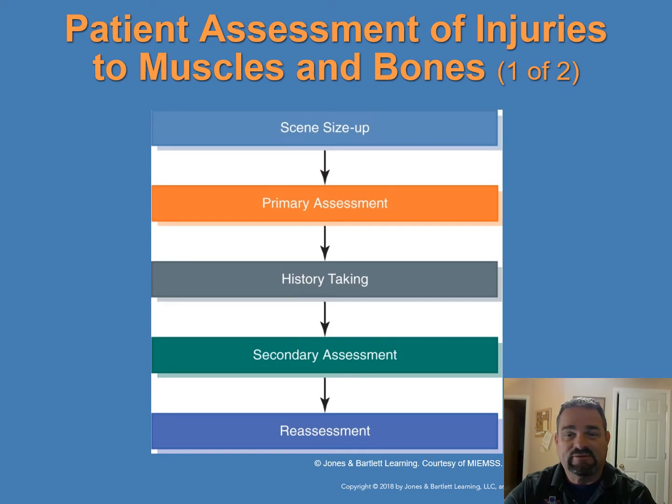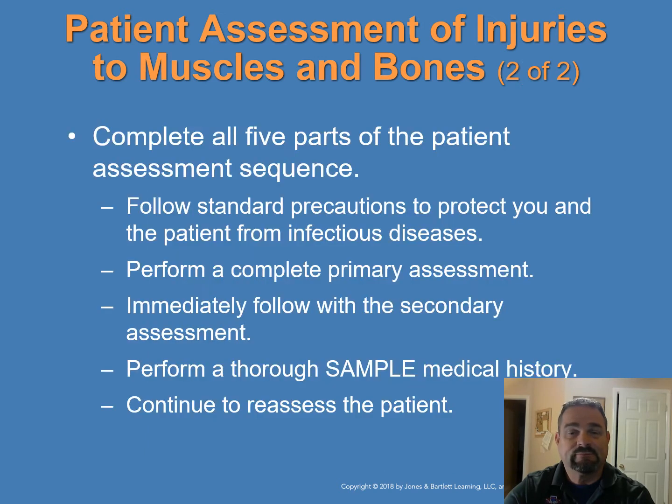All right, so patient assessment, like we've said over and over again in every single slide set: scene size up, primary assessment, history taking, secondary assessment, and reassessment. When assessing a patient who has sustained an injury to the muscles and bones, you will need to complete all 5 parts of the patient assessment sequence.